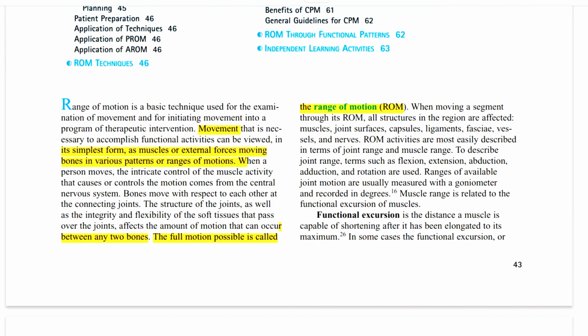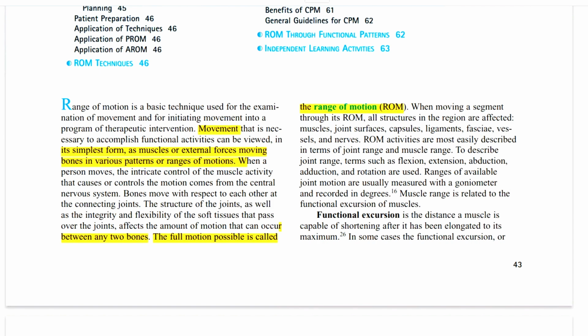The central nervous system regulates movement coordination, so there might be chances that neuromuscular control itself can affect range of motion in that patient. After that, injury and disease, as we have discussed: arthritis, neurological conditions, stroke-like conditions, muscular diseases, anything like that can affect the range of motion.